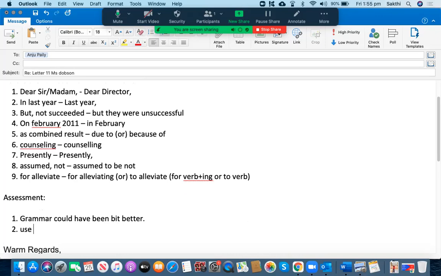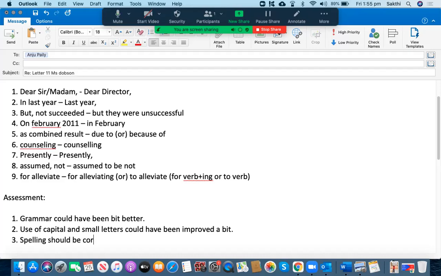And then use of capital and small letters could have been improved as well. Use of capital and small letters could have been improved a bit. That's the next one. And then the other one is spelling. You have been committing some spelling mistakes. Spelling should be correct. You need to spell the words correctly, please.